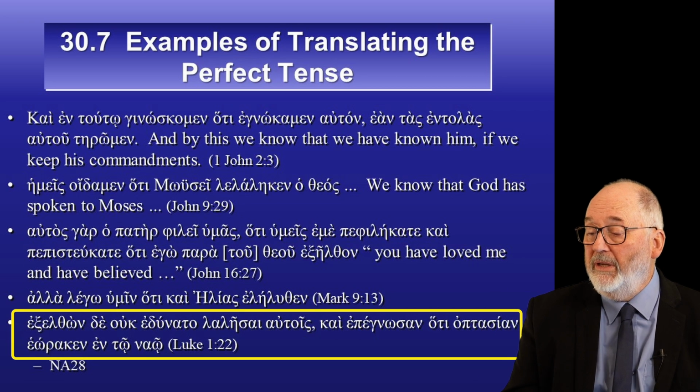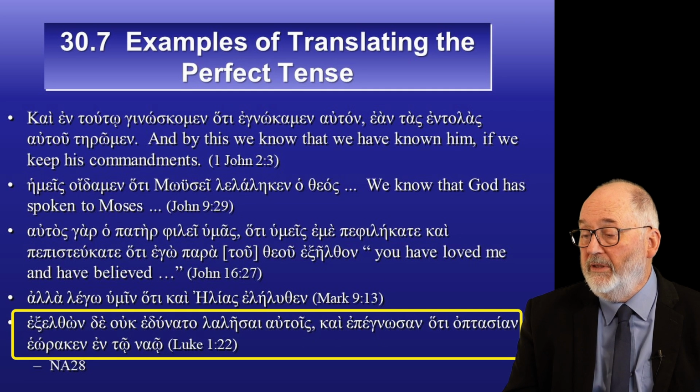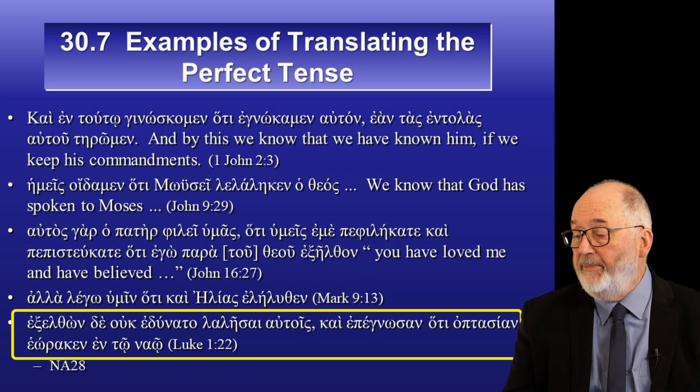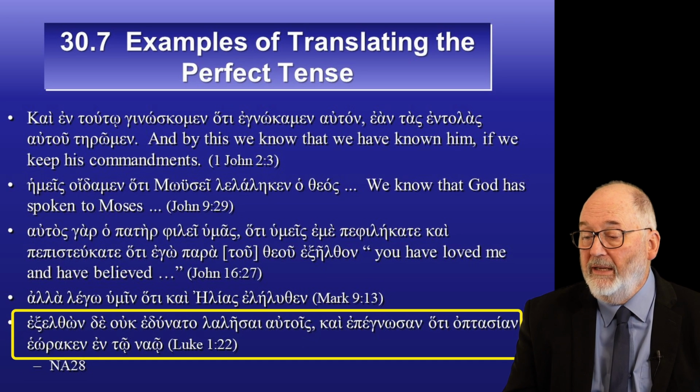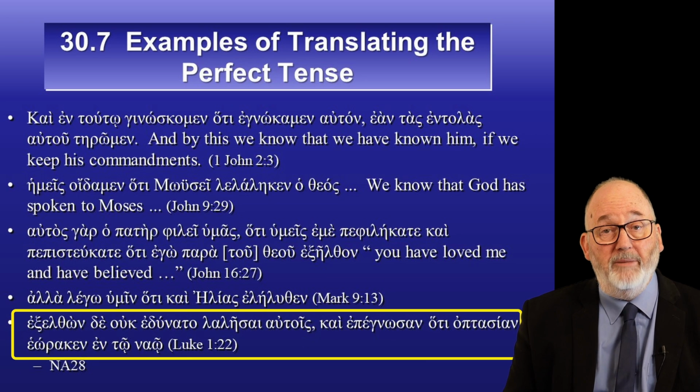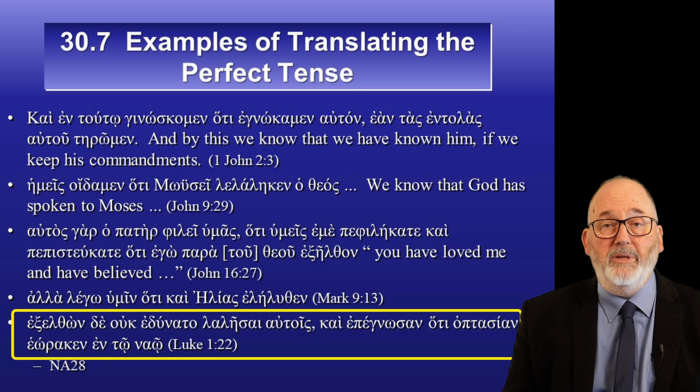Exelthōn de ouk edunato lalēsai autois, kai epegnōsan hoti optasian heōraken en tō naō. So this is John the Baptist's dad. He was a priest, and he was on rotation at the temple in Jerusalem.